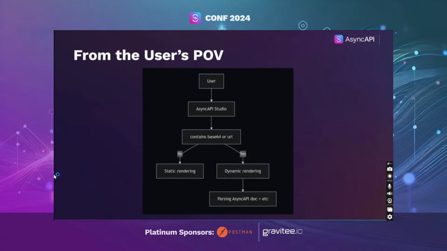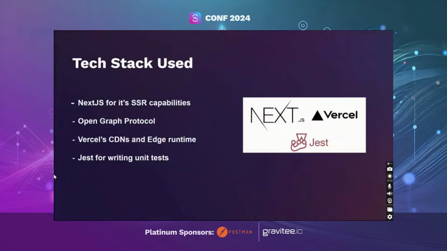But in case you're accessing a URL or a base64 encoded document, then it has to actually fetch that document, right? And this is a dynamic process. So the parsing, etc., has to occur. Here, the dynamic rendering happens, and then the parsing process happens. This is how the process looks from the user's point of view.